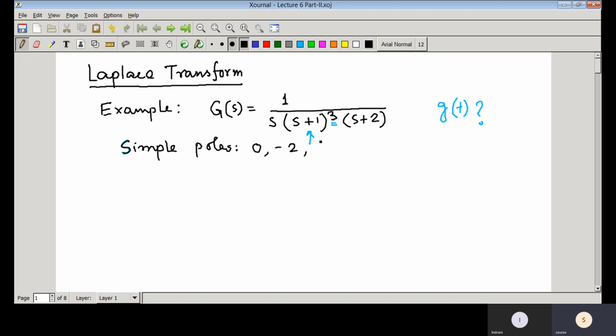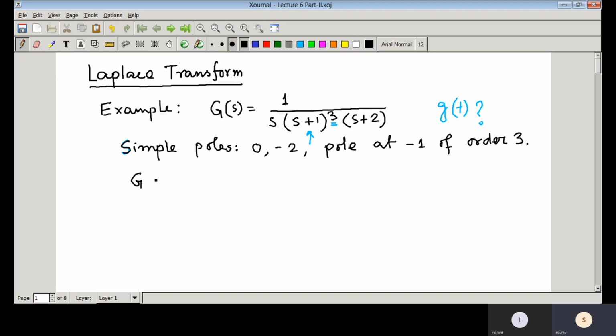In last lectures we have already discussed what is a simple pole, and a pole at -1 of order 3. So for this particular problem, how to find g(t)?